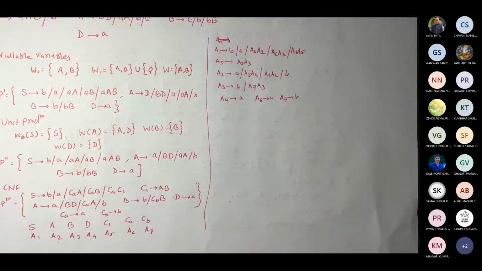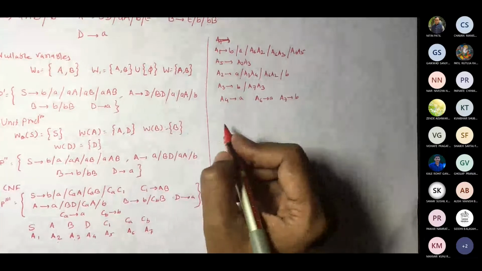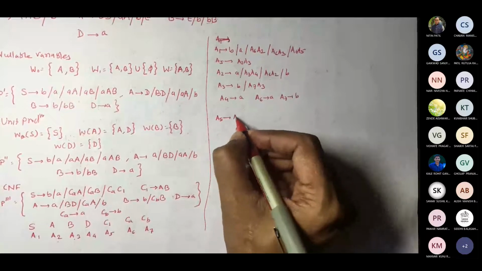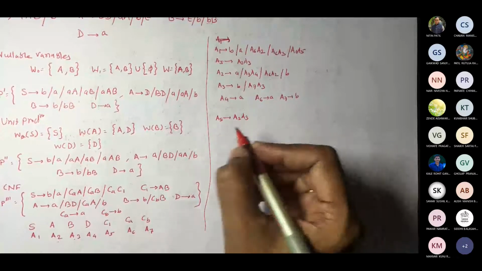Now which one should we pick for now? Where can you see that left index is greater than right index? So it is only A5. Can you see that? So let us start with A5. A5 gives A2, A3.